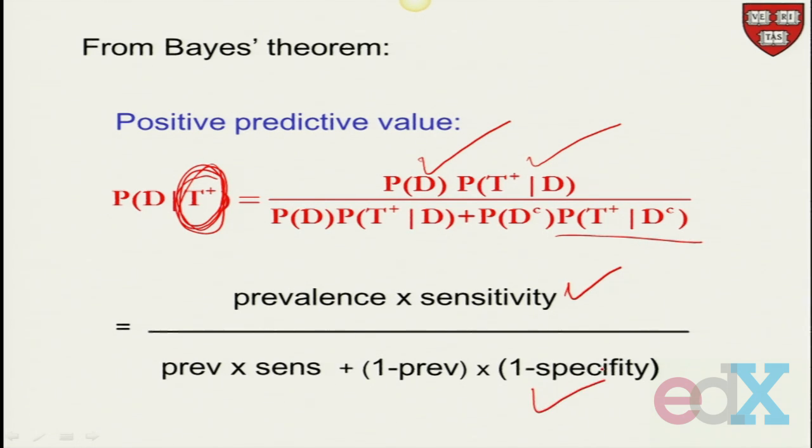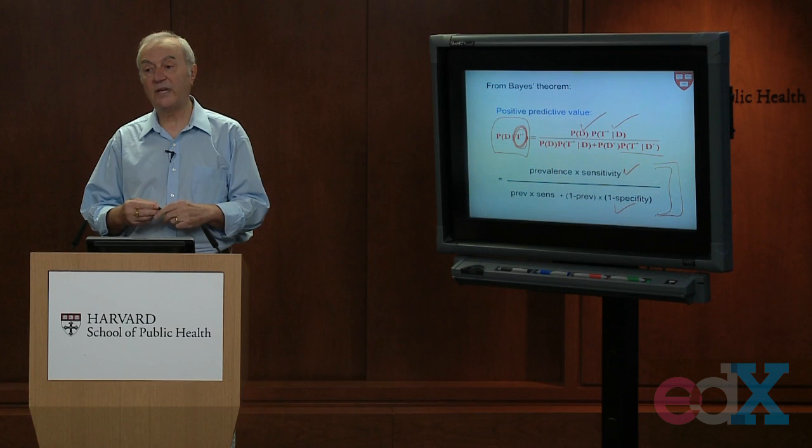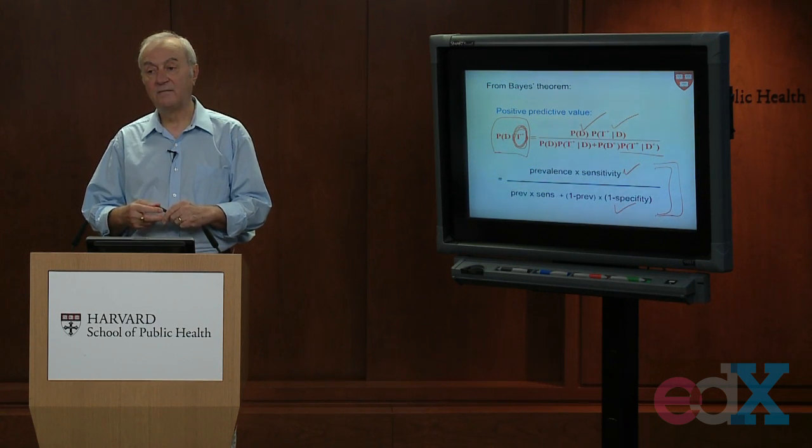It allows us to flip this around, the conditioning event, so that we can express it as things we know even before we look at a patient. So we can evaluate this for T positive, we can evaluate it for T negative, and then we can tell the patient, you're going to do this test. If it's positive, it's going to mean this. If it's negative, it means that. And we can evaluate all that by knowing these quantities. So that's the value of Bayes' theorem right here with diagnostic tests.